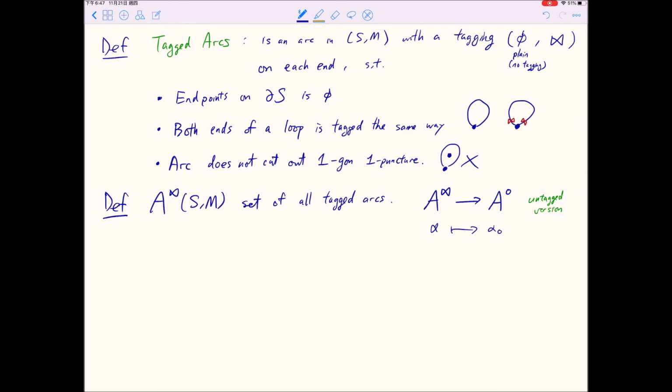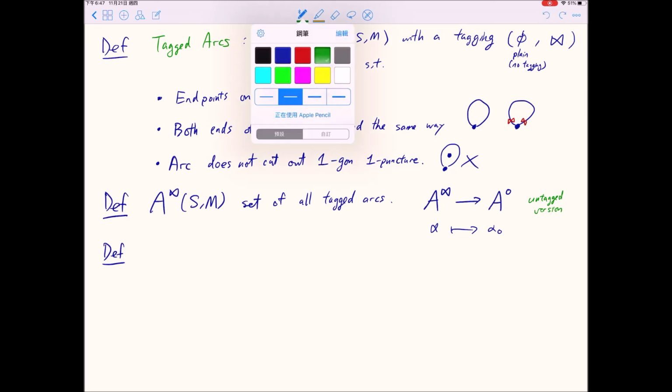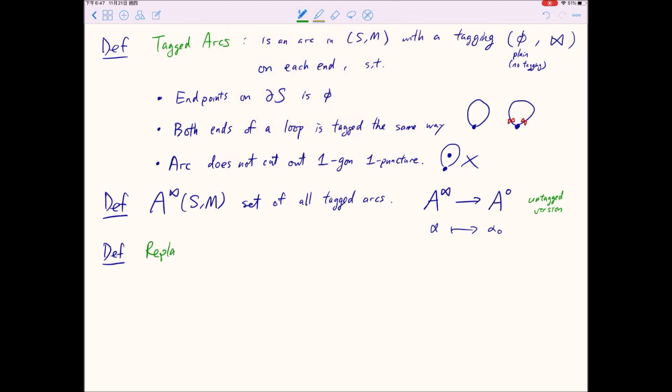But we can also introduce a map in the other direction, called the replacement, denoted by tau, from the untagged version to the tagged version. So this is defined as follows.